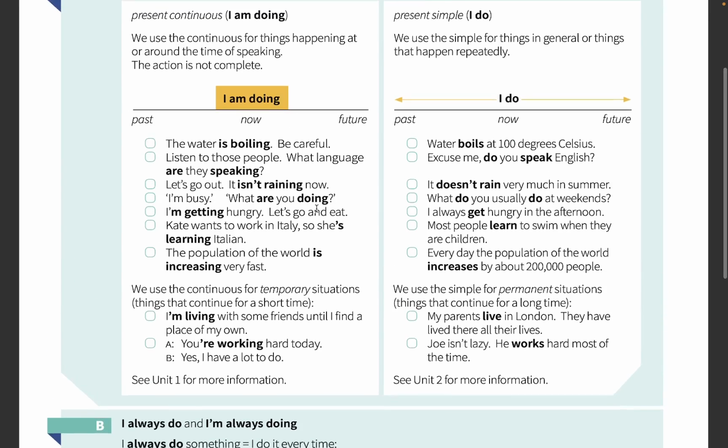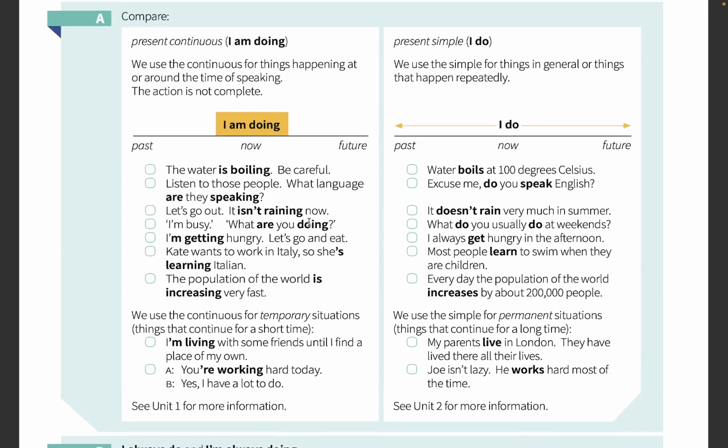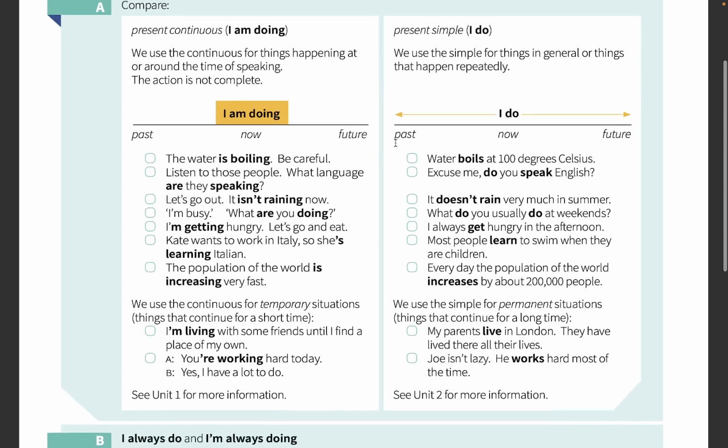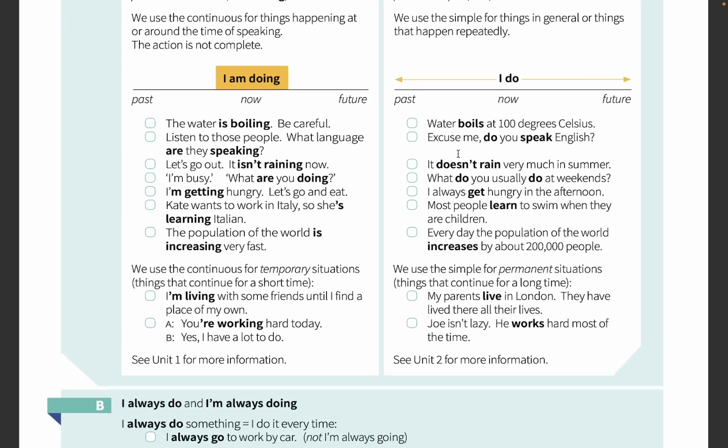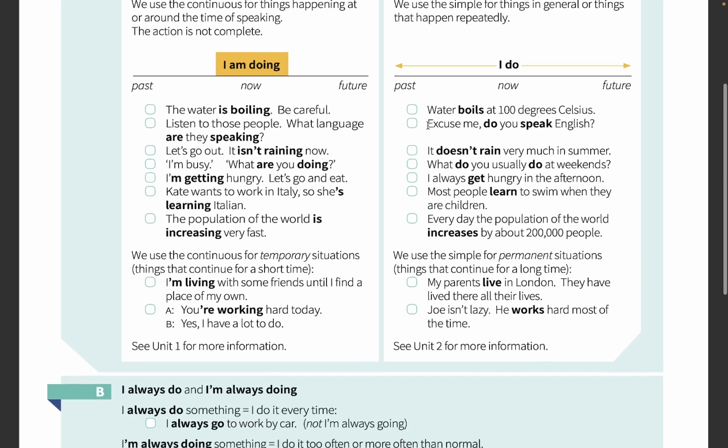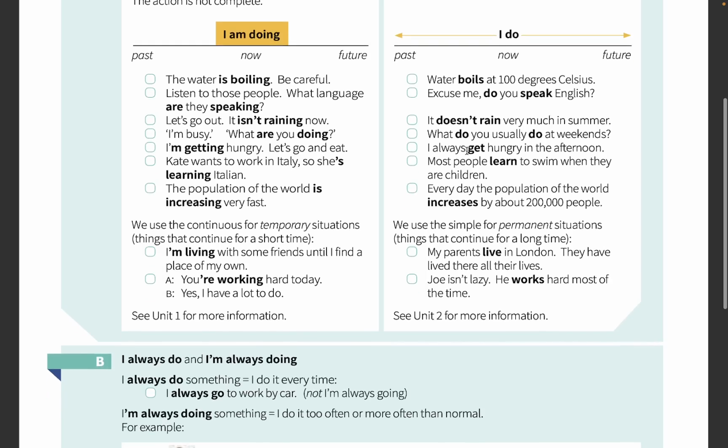And for the present simple, the right one, we use the simple for things in general or things that happen repeatedly. So it's things that happen again and again. Like the water boils at 100 degrees Celsius. So water boils every time it's at 100 degrees. Second example, excuse me, do you speak English?